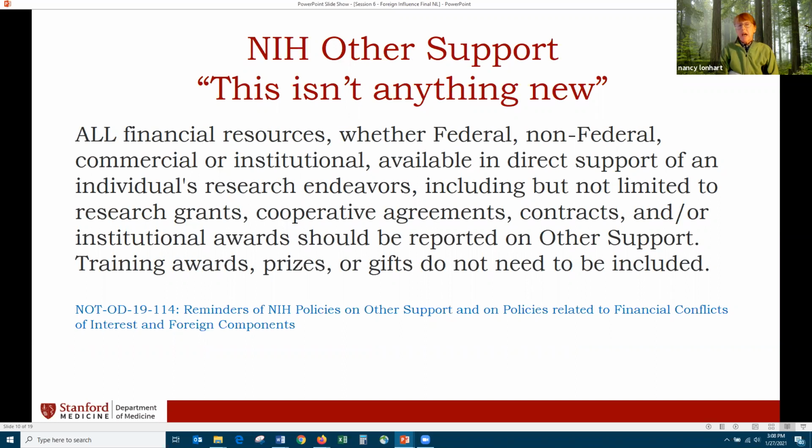So moving to the next slide, in addition to foreign component, we have the NIH other support. As we all know, by definition, in NIH other support, we are to include all financial resources, federal, non-federal, commercial, institutional, that's available in direct support of an individual's research endeavors.